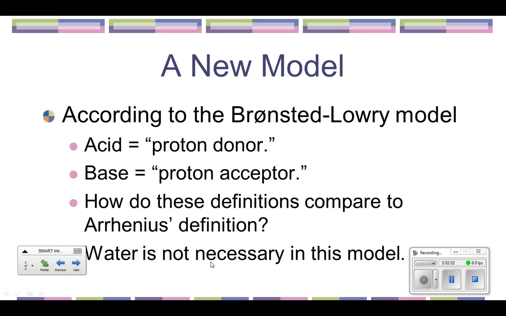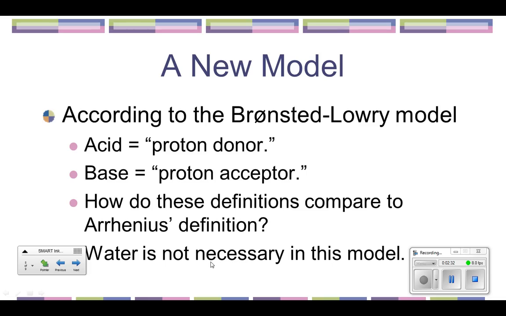According to the Bronsted-Lowry model of acids and bases, an acid is a proton donor and a base is a proton acceptor. Now, a proton donor is a fancy way of saying that it gives hydrogen ions. To donate means to give up, and a proton, remember, is just a hydrogen ion. You take away the electron and you've got a proton, and then if something will accept one of those hydrogen ions, it is a base.